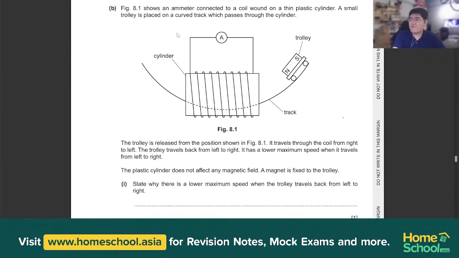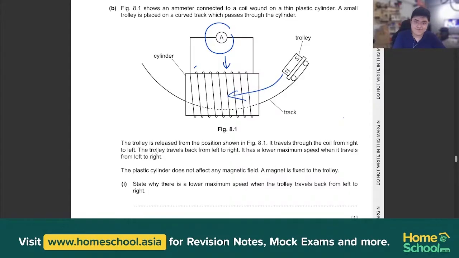Okay, so over here in figure 8.1, we have an emitter connected to a coil. This is the emitter connected to a coil over here. And this coil is wound over a thin plastic cylinder. And here, a trolley is placed on a curved track which passes through the cylinder like this.